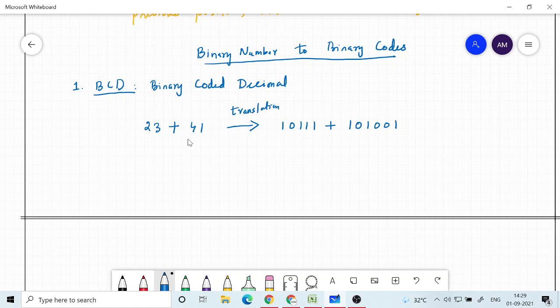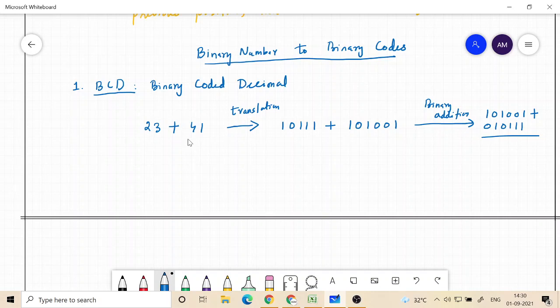Now the computer will use binary addition. It will just keep these numbers and add them using a binary adder. We have not yet seen how to implement a binary adder, which we will come to at a later stage.